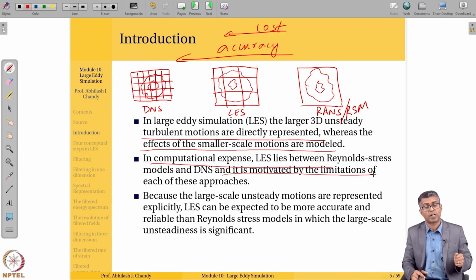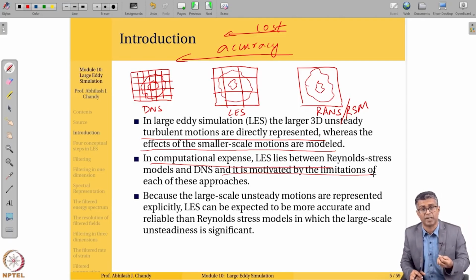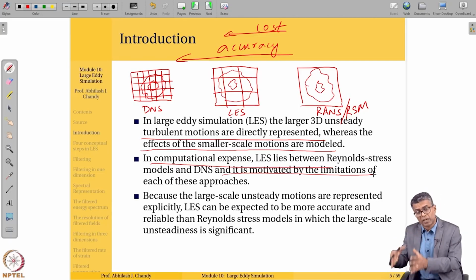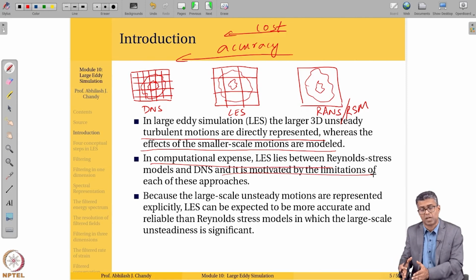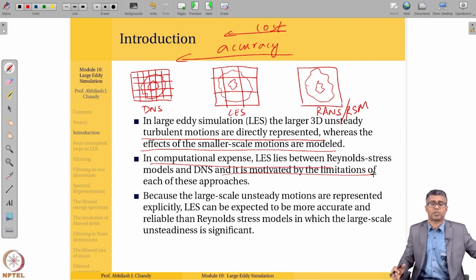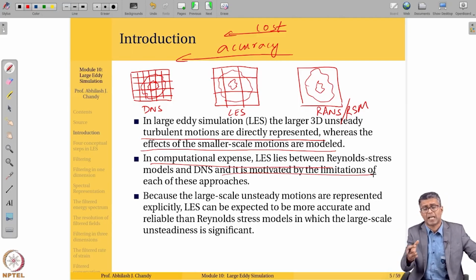In that case, the Reynolds stress is not going to be 0. It is going to be affected by what happened before, because there is a time scale associated with the decay of those fluctuations, which results in a finite strain rate and a finite Reynolds stress. In the RANS based approaches, we just say that if the mean strain rate is 0, the Reynolds stress is 0, and that is hardly the case. So that's one limitation, and LES is motivated by the limitations of each of these approaches.